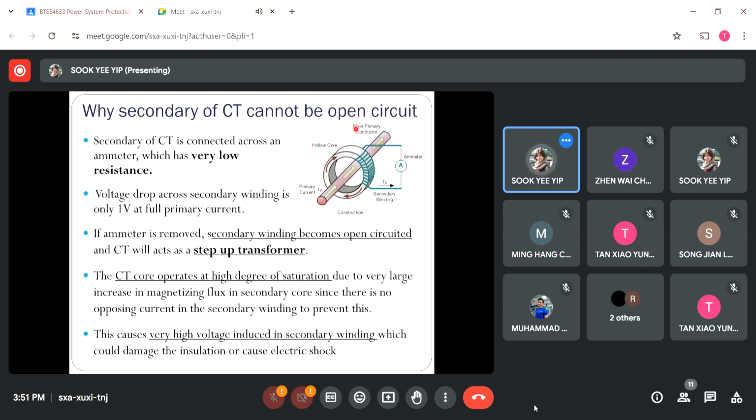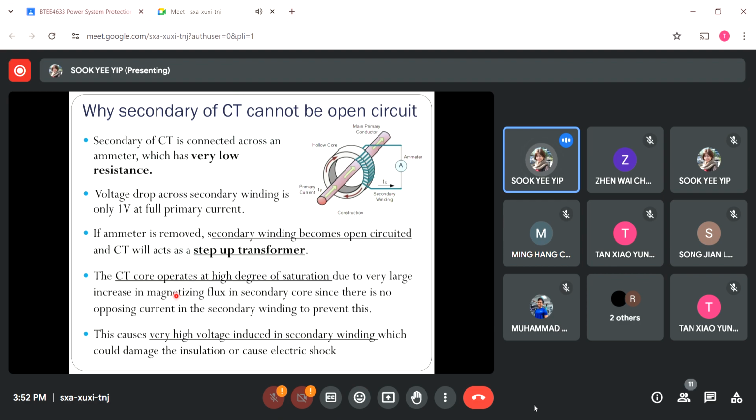With this situation, where we remove the ammeter, the secondary winding becomes open circuit. This current transformer will turn into a step-up voltage transformer, which could generate a very high voltage value at the secondary side. Whenever you open it up here, there will be no opposing force from the secondary winding. This in turn will result in a high magnetic flux being driven within the core that could cause the core to go into saturation.